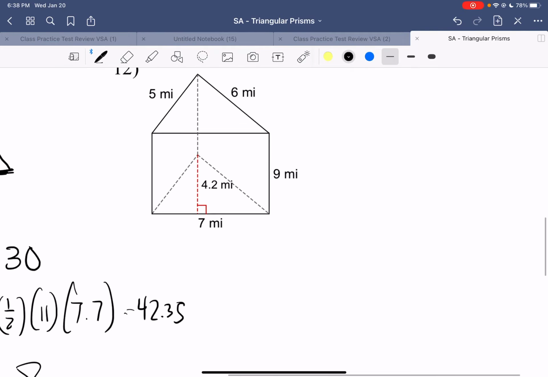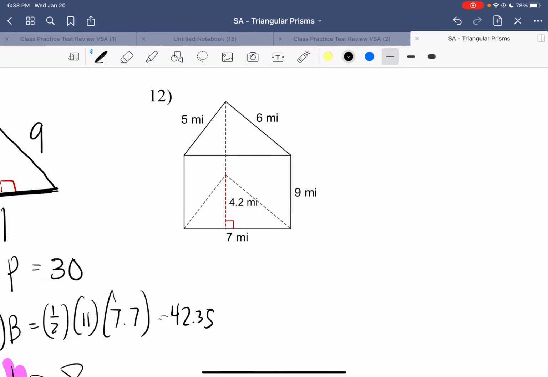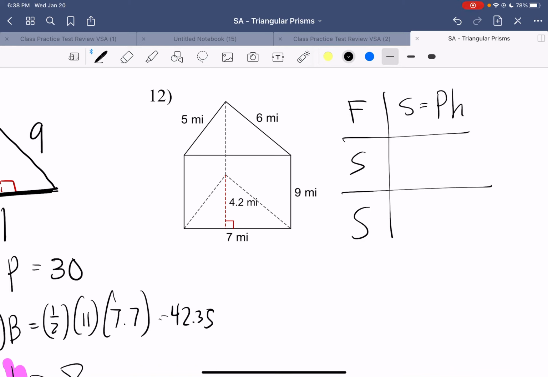And our last problem, number 12, formula, substitute, solve. We have the surface area equals the perimeter of the base times the height of the prism plus 2 times the area of the base. So what's our base? We have this triangle here.